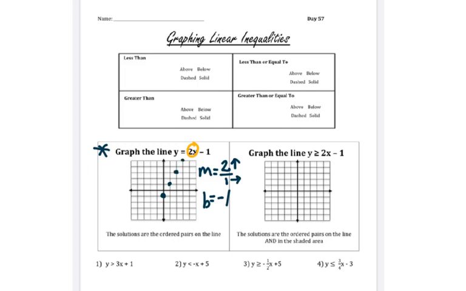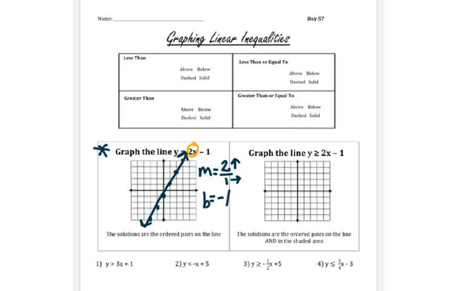I continue in the other direction, down 2 over 1, down 2 over 1. So this is a line. A solution is any of these points on this line. So I graphed a line using the slope and the y-intercept.